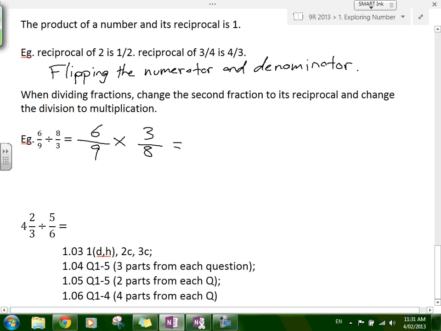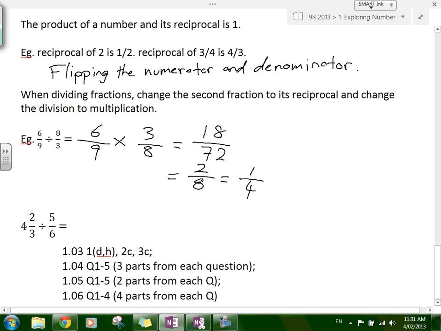So 6 times 3 is 18. 9 times 8 is 72. Is there a common factor? What's the common factor? Yes, 18. So it's 1 over 4.